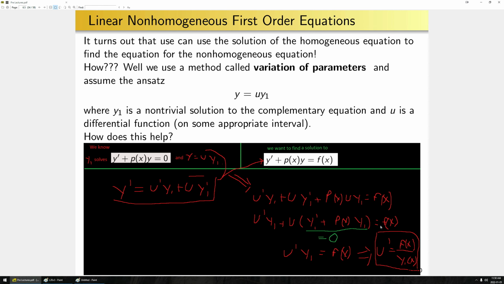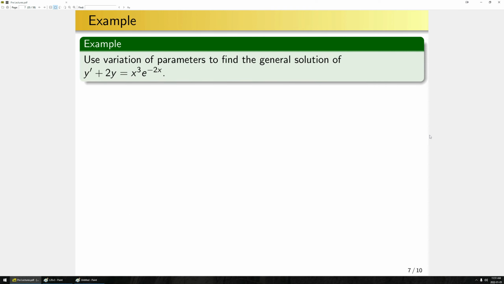This is also available on page 35 in Trent if you want to see it written out in a different way there. Okay, so now before we actually get into doing this in general and turning it into a theorem, let's give an example of using variation of parameters to find the general solution of a non-homogeneous differential equation. That's also first order and linear. Those are kind of key things.